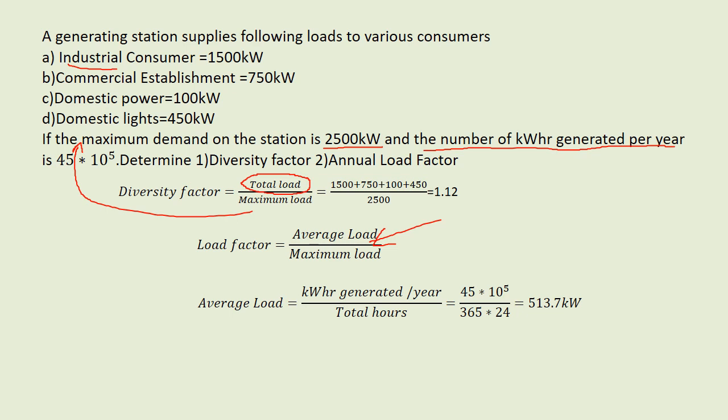So we need to use the hours in a year. We have 365 days and each day has 24 hours. So we are using this, and this will give you 513.7 kilowatt. This is the average load rating.